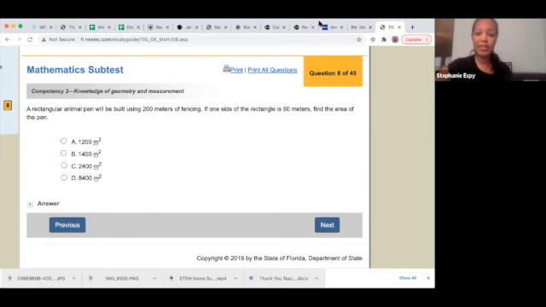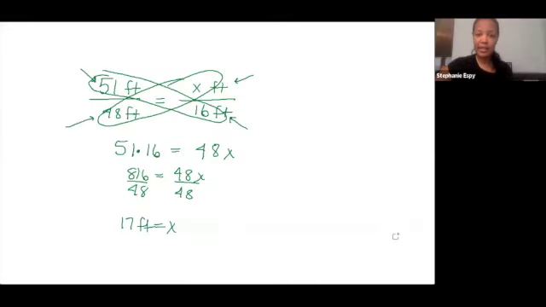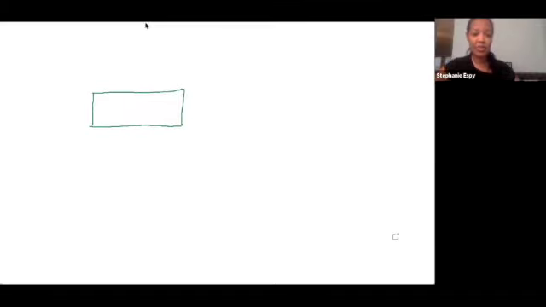So I'm going to go to my whiteboard, so I can write it down. Okay, so it says we have a rectangle animal pen, so we can draw a rectangle. That should be our first step, is to actually draw a rectangle. And it says that we built using 200 meters of fencing. So in total, we have 200 meters of fencing.